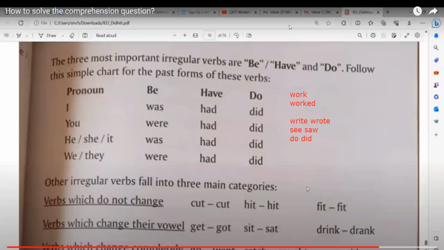Okay, Abhishekta, can you give me an example with cut in the present tense as well as in the past tense? He cuts a tree. He cut a tree. No, both in the past tense and the present tense, beta. Both you told me in the present tense.